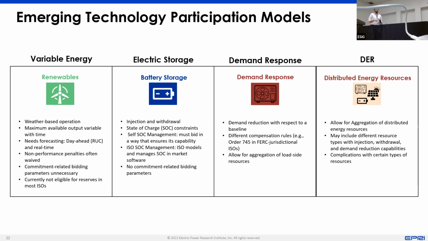Demand response is a participation model that has some very specific rules in terms of when it's called upon, how it's settled, and might even have limitations on how often it can be called and things like that. And then finally, distributed energy resources, or maybe I should even say distributed energy resource aggregations have their own participation model as well in some cases, and that might allow for aggregation of multiple technologies.